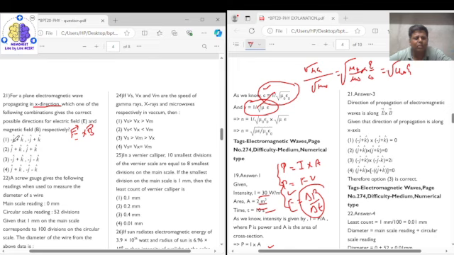So if we find the cross product of this, this is your electric field and then this is your magnetic field. Minus j cross minus j will give you 0, then minus j cross k will give you something.